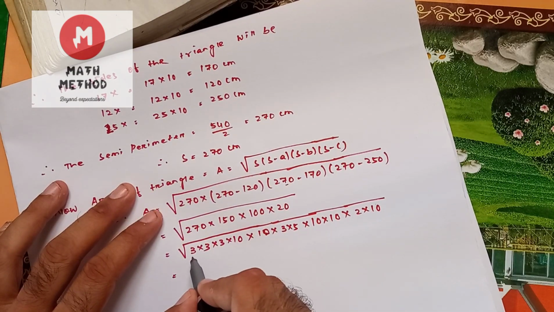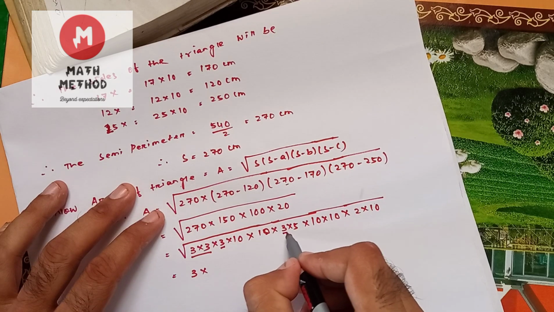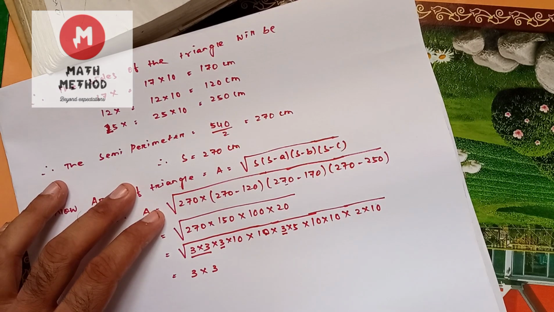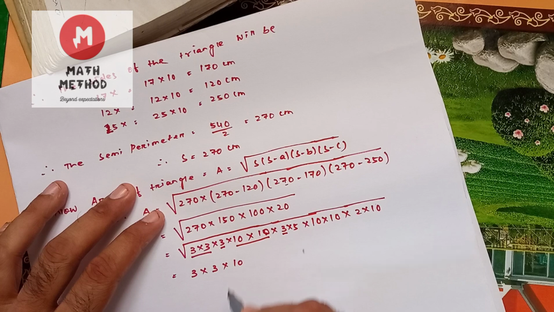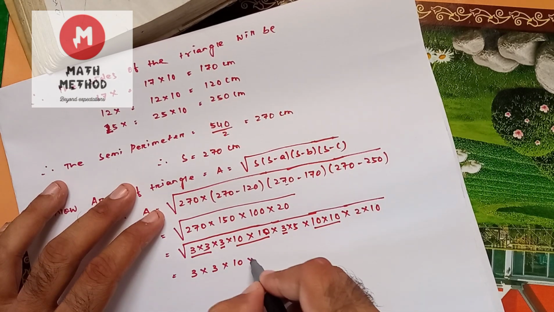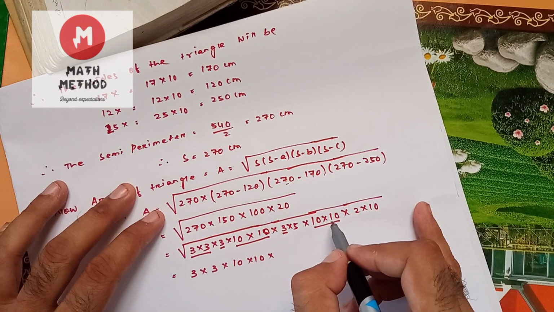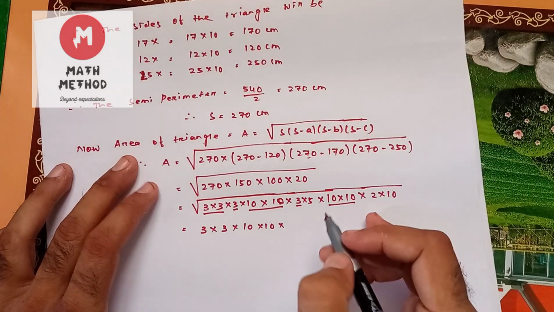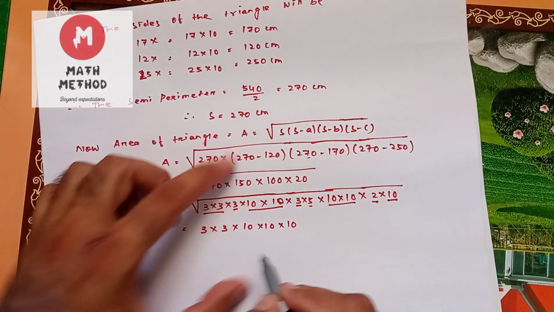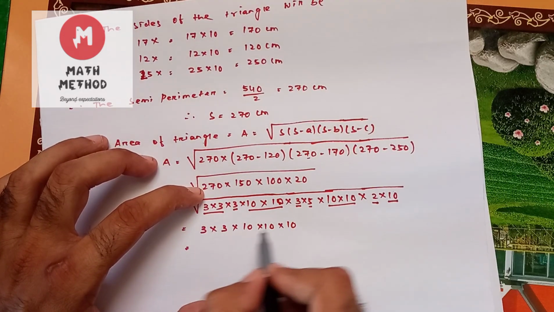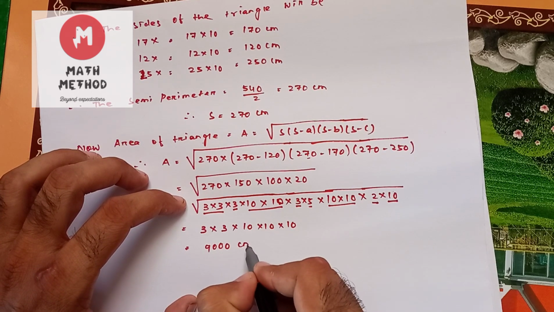Now we will take only one from each pair, and here 5 into 2 is equal to 10 and here 10 into 10, 3 into 3 is 9, 9 into 1000 is equal to 9000 centimeter square.